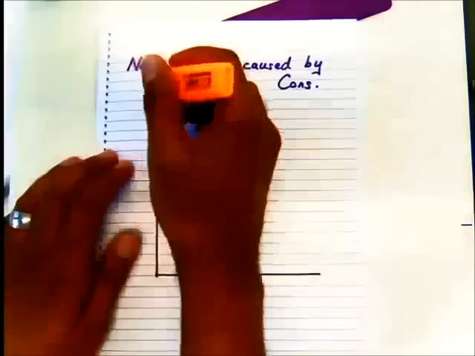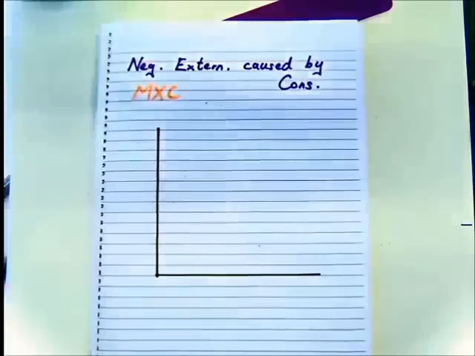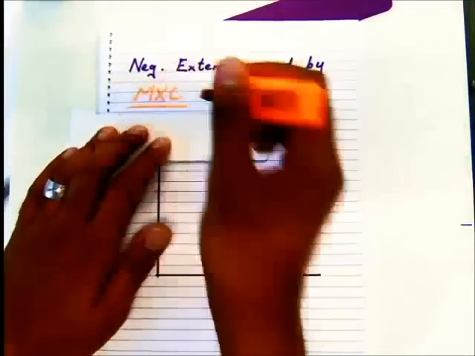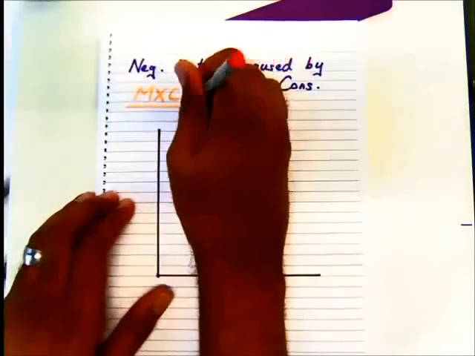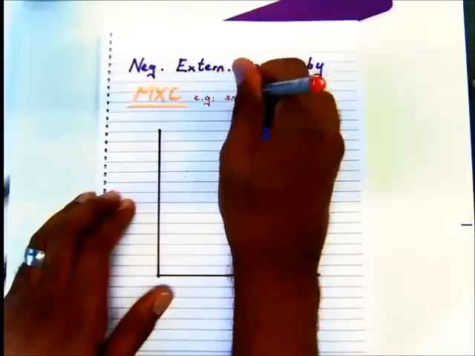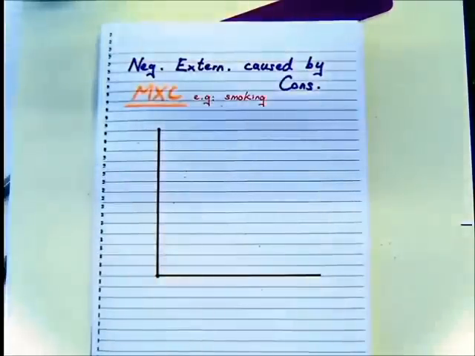So it's still a marginal external cost that we need to address. The market is failing to take a marginal external cost into account. So, for example, smoking, because of the passive smoke that comes on non-smokers.